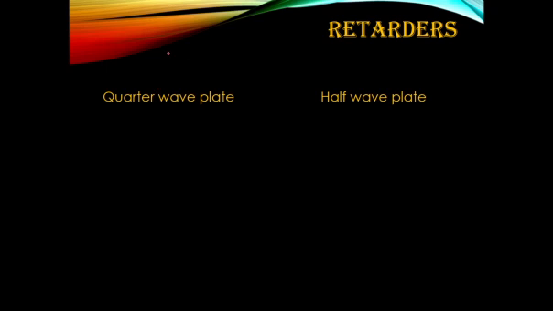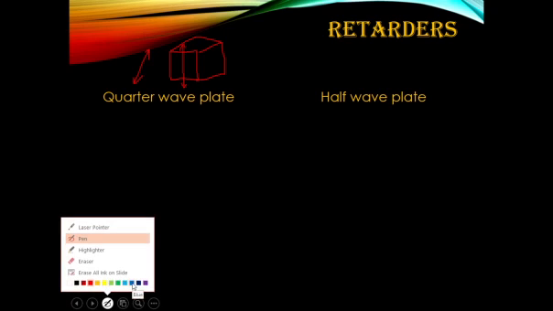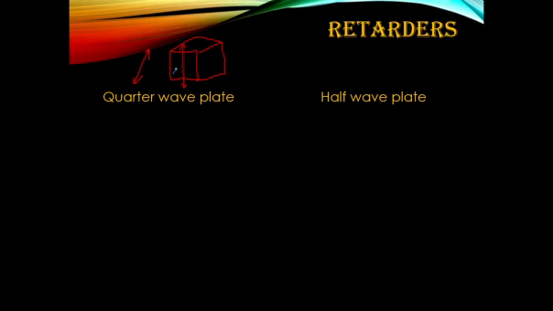Let me draw again. We have a crystal which is cut in such a way that the optic axis is parallel to the surface of incidence, and a plane polarized light is falling onto the crystal, and let me draw it with a different color to indicate the incident wave.